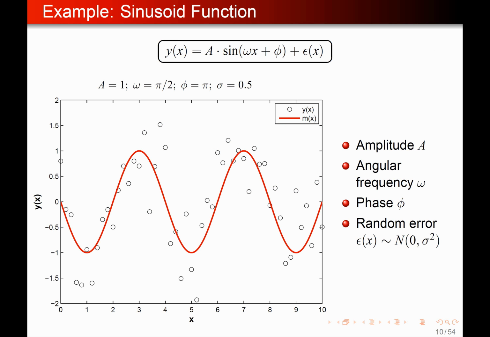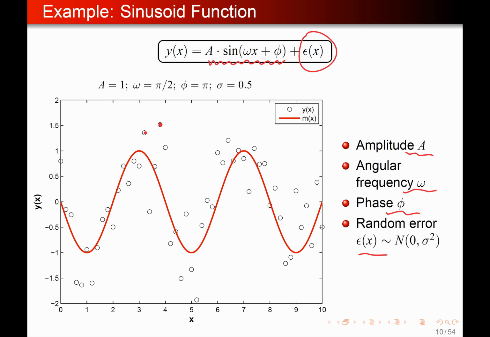So in the modeling, the mean could be a sinusoid function. So here is the sinusoid function, and this is our error. So this red line in general is our deterministic part or systematic part. So if we know the amplitude of the sinusoid function, angular frequency, phase, and then plus the random error epsilon(x), we will be able to generate y(x).